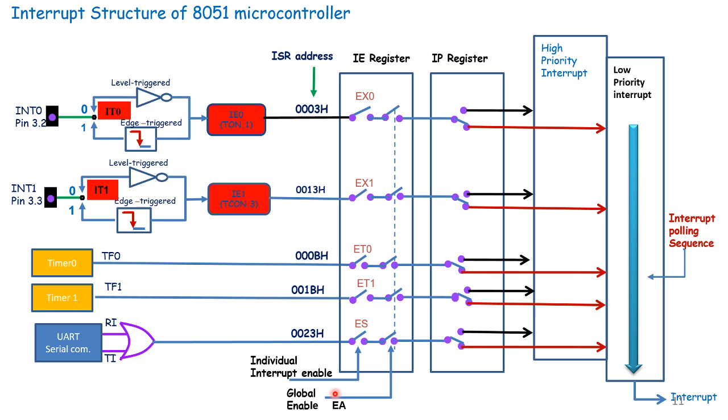Now when ES is equal to 0, then the serial interrupt is disabled, and when EA is equal to 1, it is enabled, meaning all these switches are closed, and the response of external interrupts, timer interrupts, and enabling and disabling of the serial interrupt gets selected, and these devices interrupt the 8051. The microcontroller attends to that one. So this is the interrupt structure of the 8051 microcontroller.